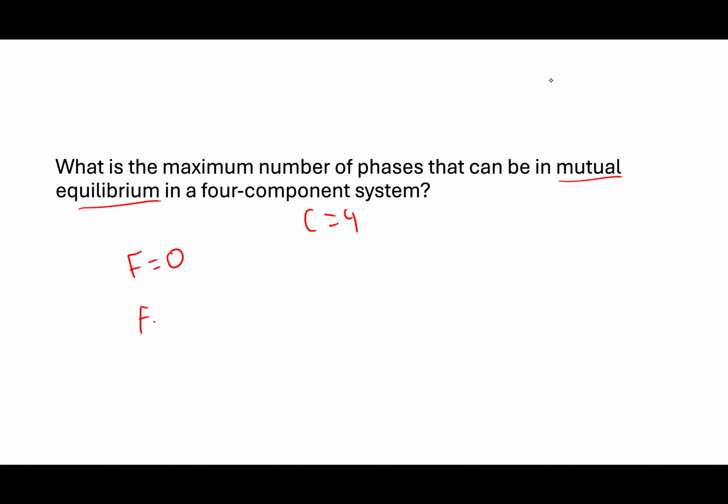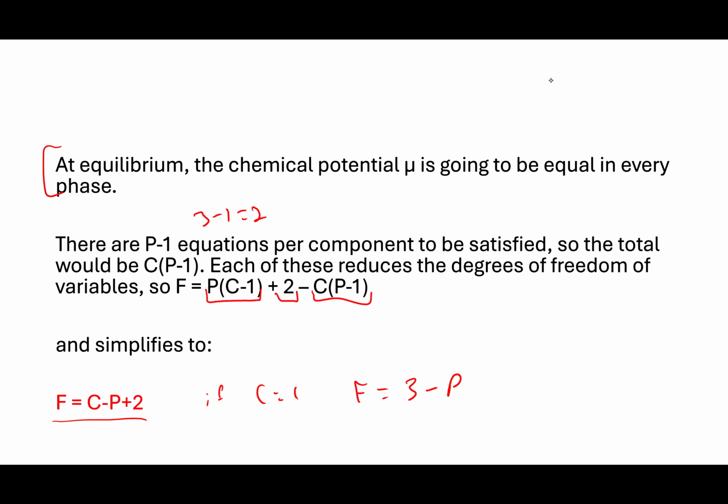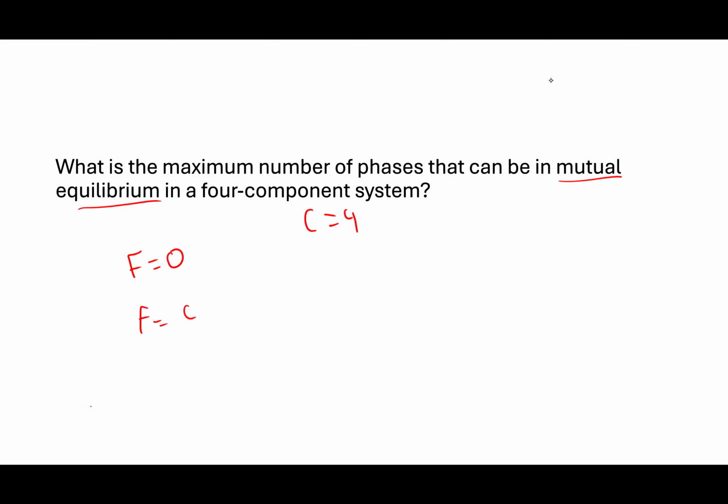So F equals C minus P plus 2. Well, if F is 0, the minimum amount of freedom means the maximum amount of phases.